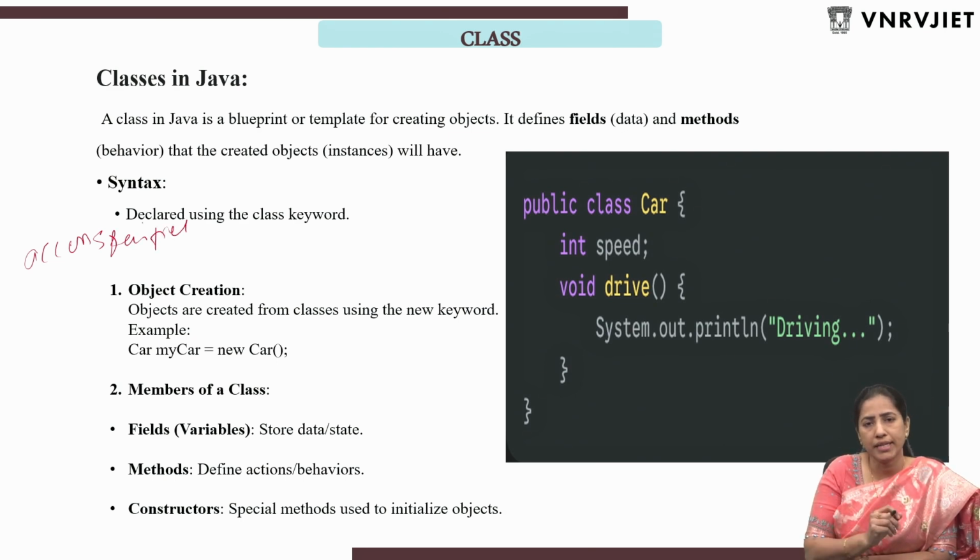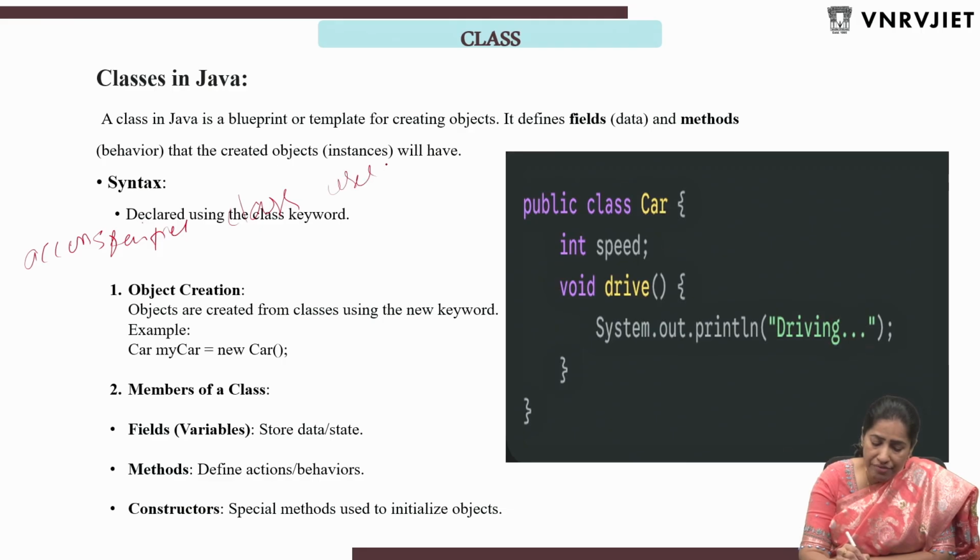Public, private, protected, and so on. Then a space, the keyword class, a space, then any user-defined name. Then an opening brace and a closing brace. Within this opening and closing brace, what are we going to write? We are going to write the members and member functions.